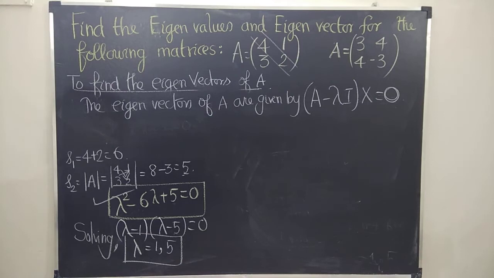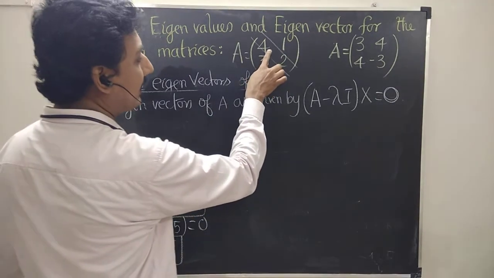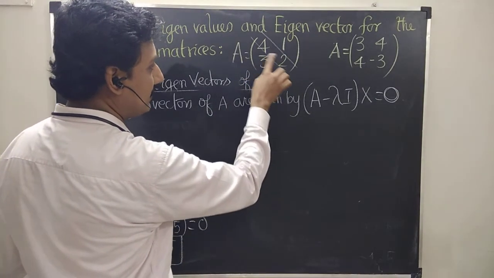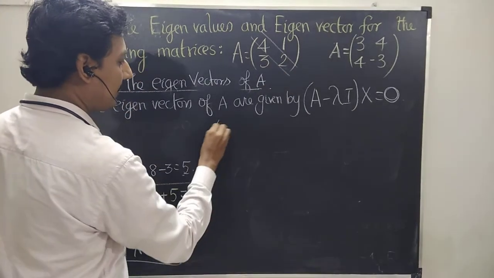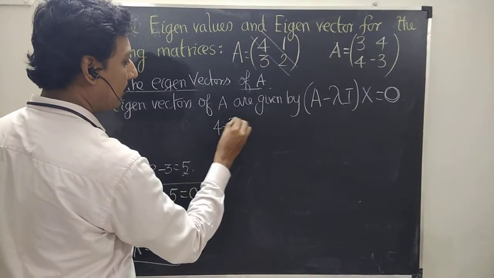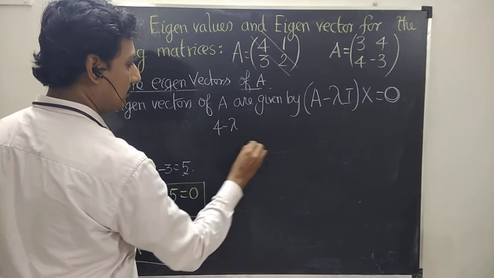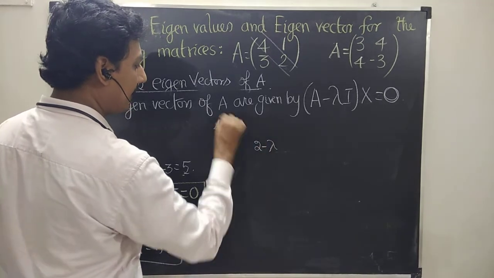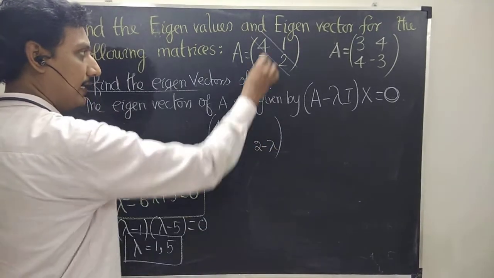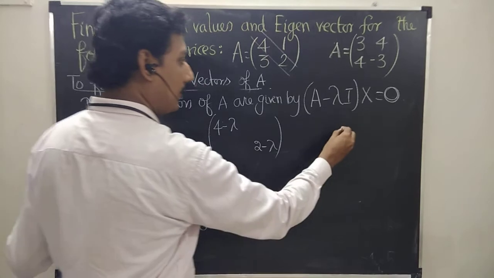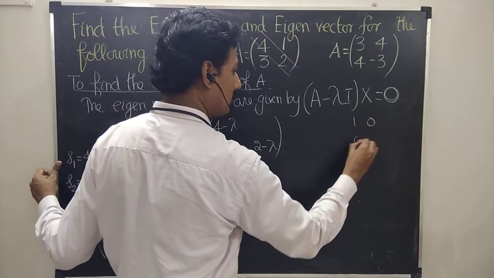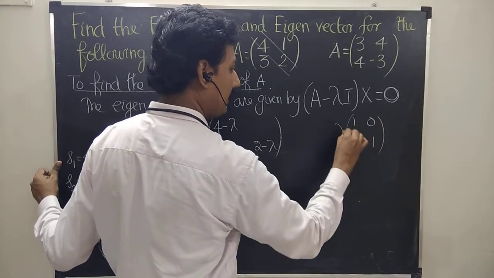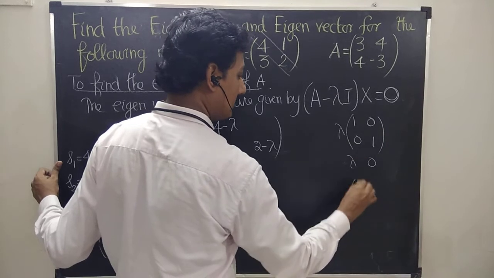So what does A minus lambda I mean? Subtract lambda from the diagonal. So we get 4 minus lambda, 2 minus lambda. Because what is I? I is 1, 0, 0, 1. Multiplied by lambda, it is lambda, 0, 0, lambda.